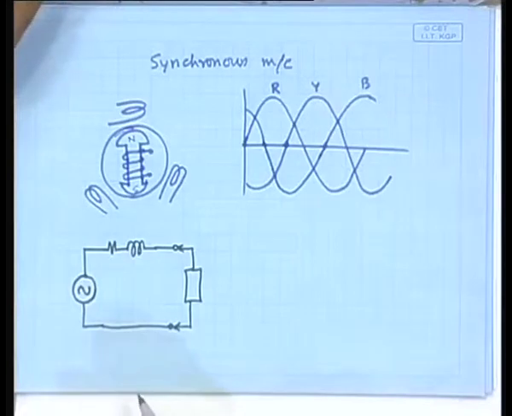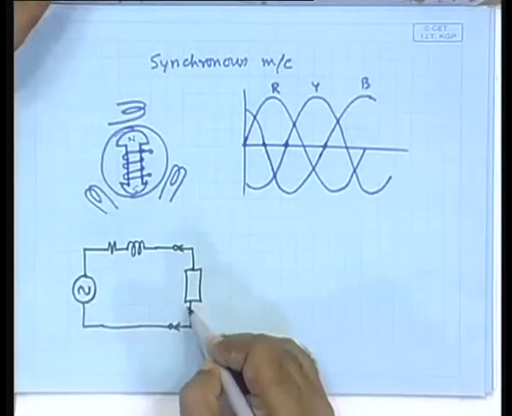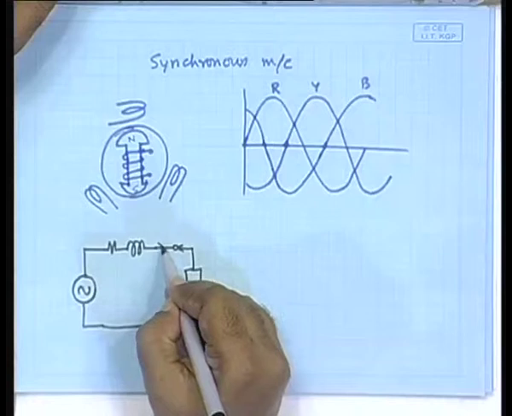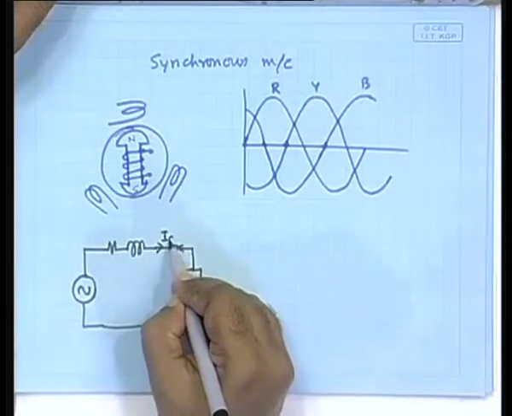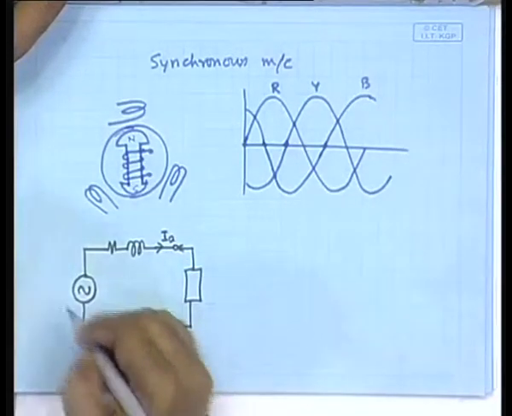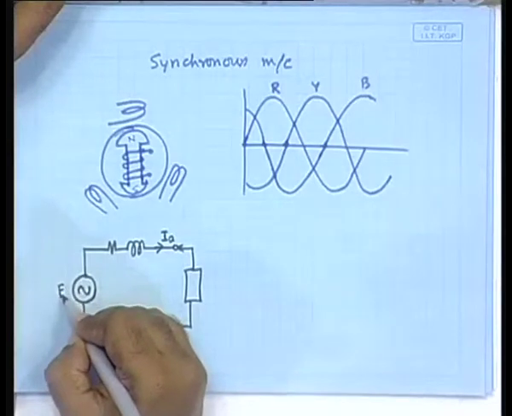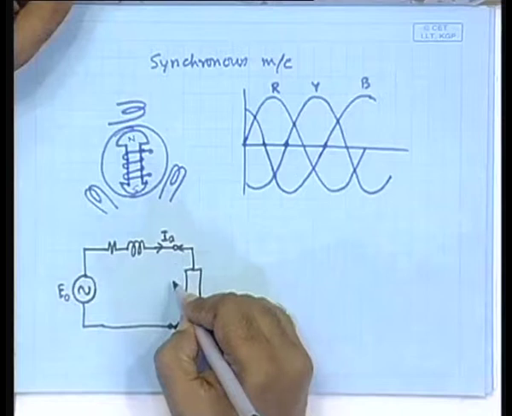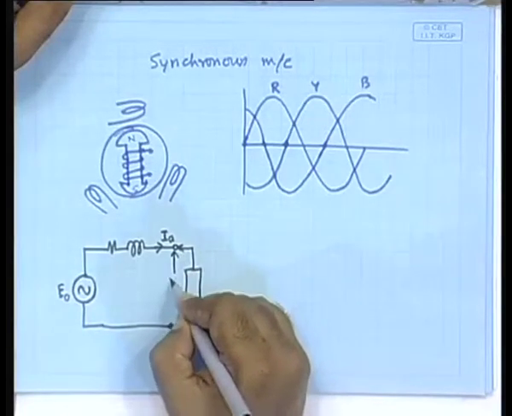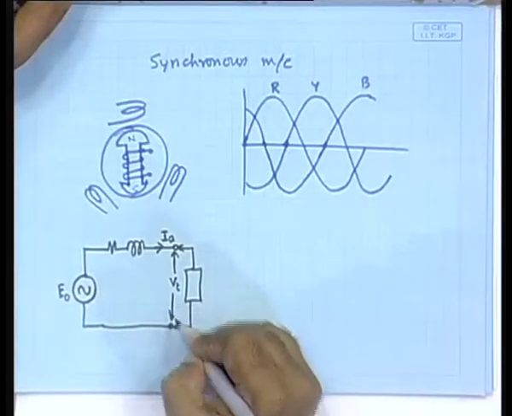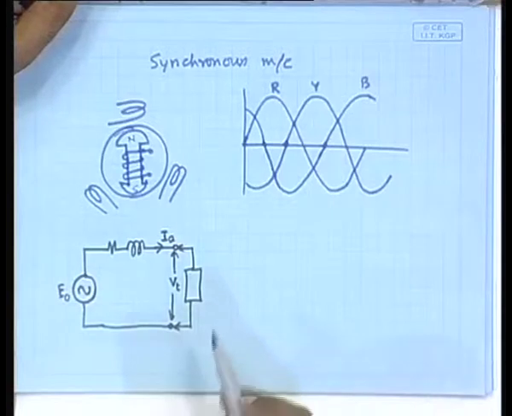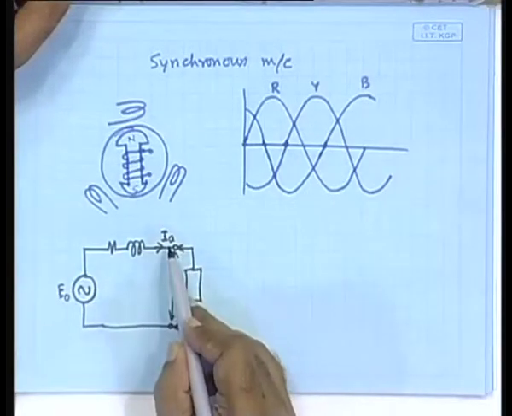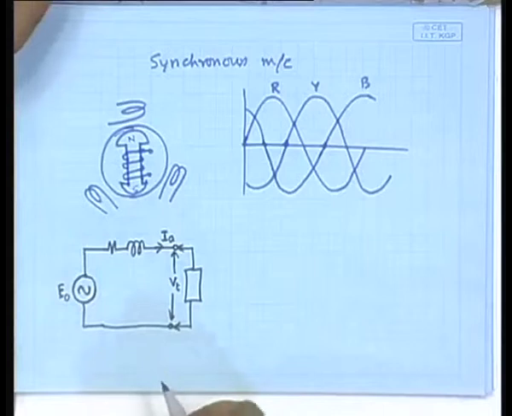So, when you have a load connected, there will be an armature current flowing. The voltage induced here, let us call it the open circuit voltage E naught, and the voltage here is the terminal voltage V t. The current flowing through the load is I A, same as the armature current.